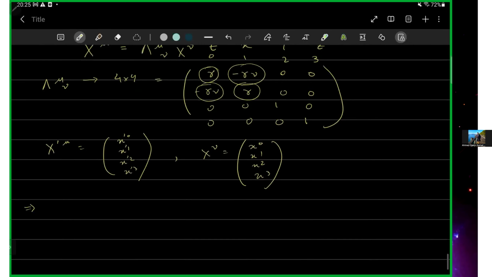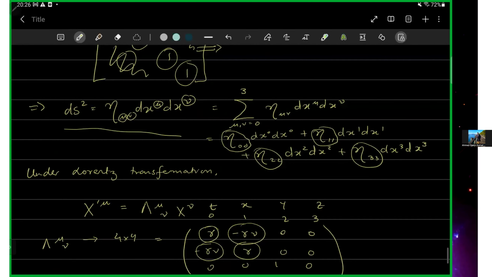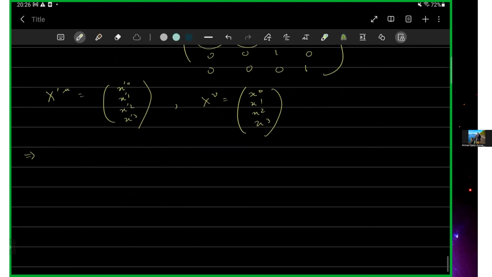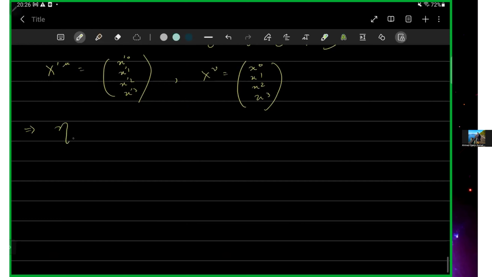Okay. Now, in general, this ds squared, like I said, should be invariant under Lorentz transformation, right? And this invariance of the line element requires that you define the eta matrix, or basically the Minkowski metric, to transform in this way. Because if this transforms in this particular way, then it ensures that ds squared is invariant under Lorentz transformation.